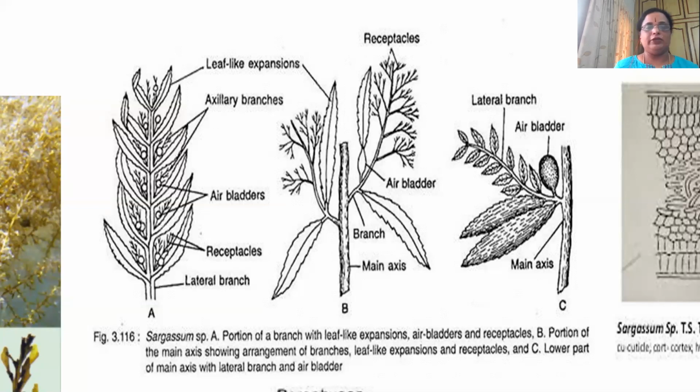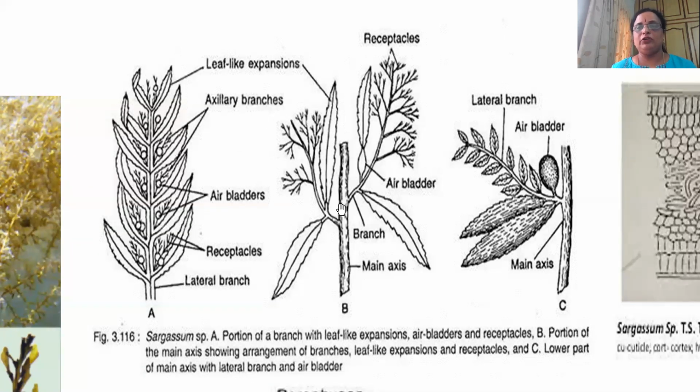So once again, I will repeat. Sargassum is a massive alga, and some of them are floating and some are found attached. The attachment is through the attachment disc. In the shoot-like structures, you can find the central axis or main branch. Surrounding the central axis, you can find the lateral branches and the leaf-like structures.